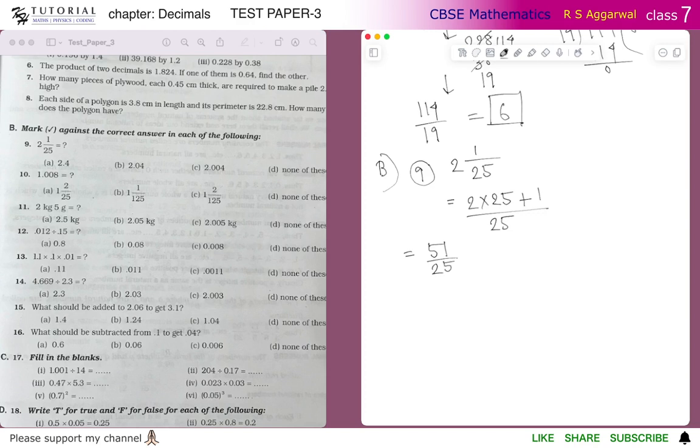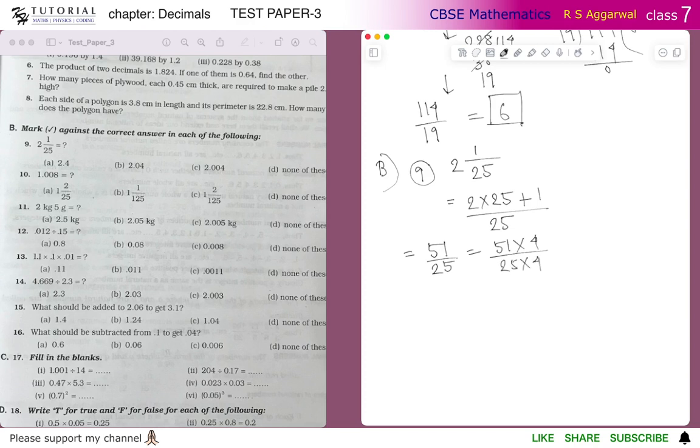And now this is a fraction, you can be doing a long division method, you can convert it to a decimal number. But when you see a fraction and you see that the denominator can be easily converted to a power of 10, then it's always wise to do that. So over here I can see that 25 can be converted to 100 by multiplying by 4. So I will multiply both the numerator and the denominator by 4.